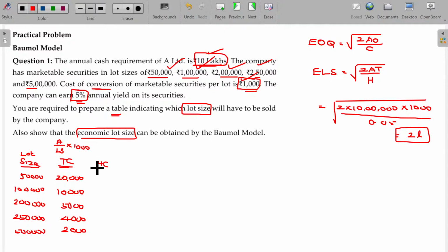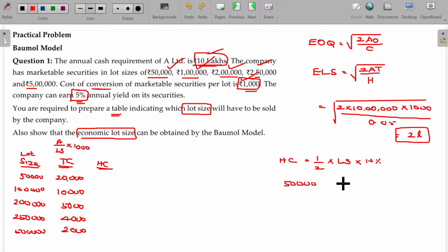And holding cost. How do we calculate the holding cost? Holding cost is equivalent to half of the lot size multiplied with the holding cost percentage. First case, lot size is only 50,000 rupees. Don't forget to multiply with half, into lot size 50,000 into holding cost being 15%.